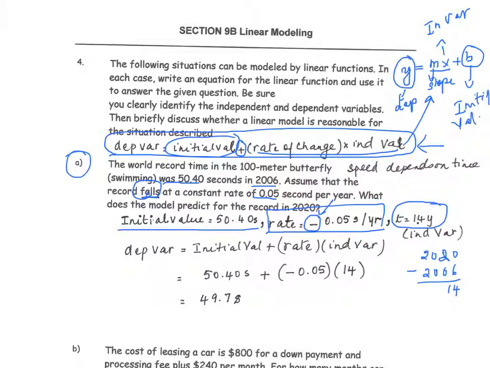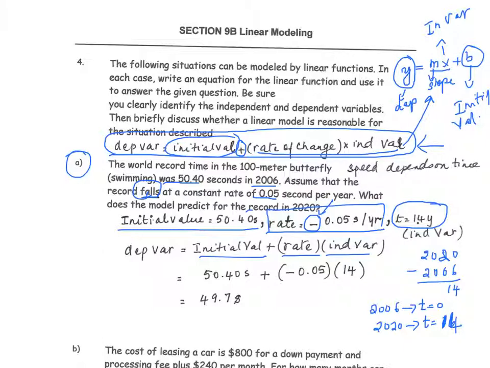So 2006 corresponds to time or independent variable 0, and 2020 corresponds to t equals 14. So we know the independent variable, we know the rate, we know the initial value, and we're trying to predict the record in 2020.